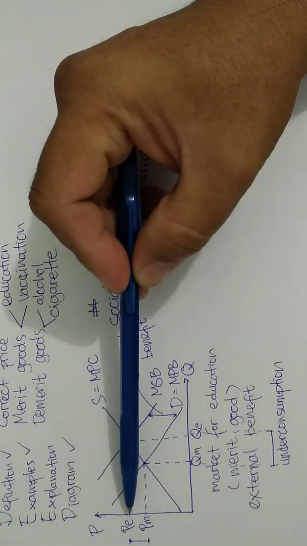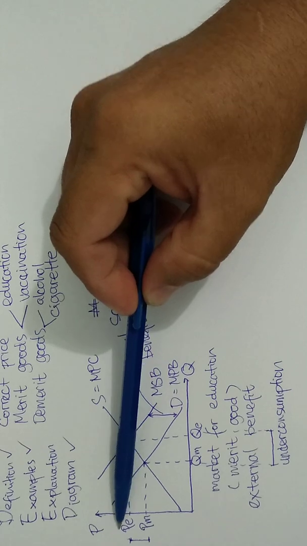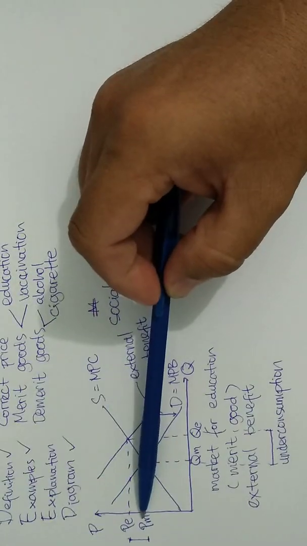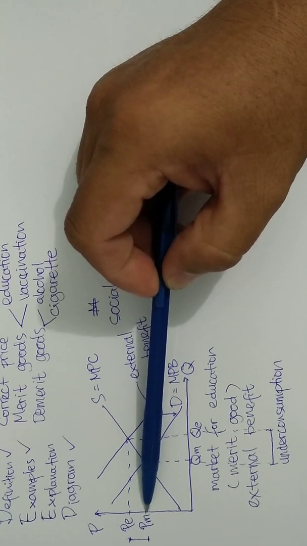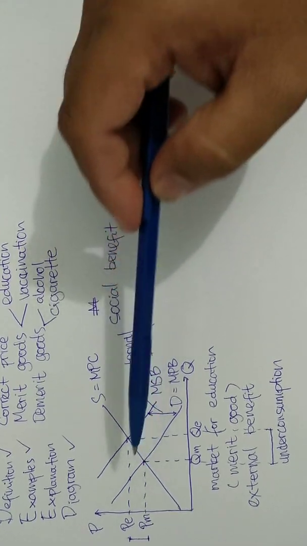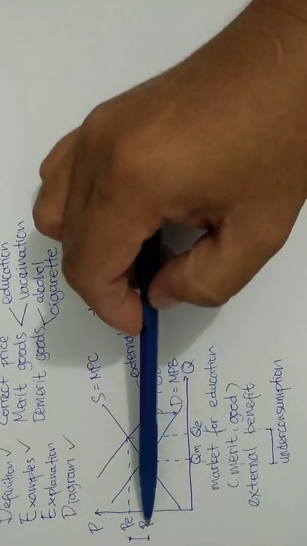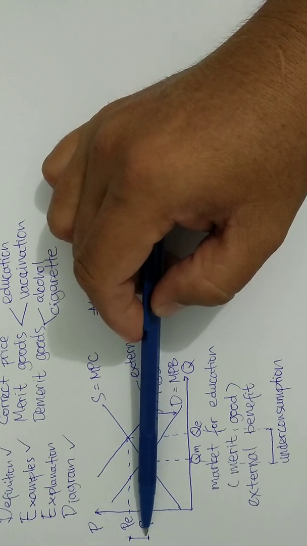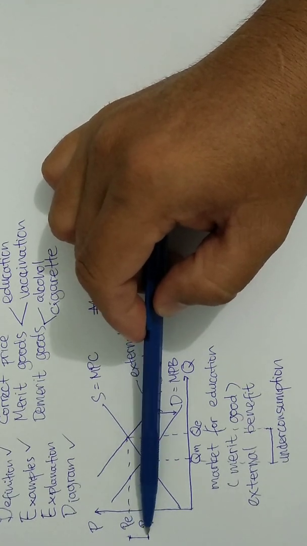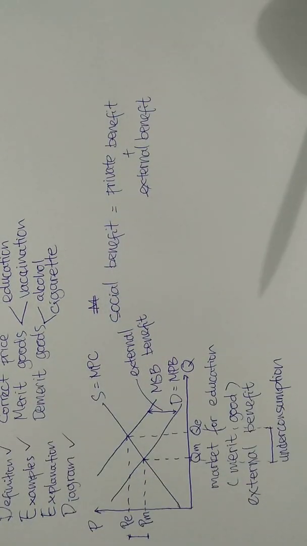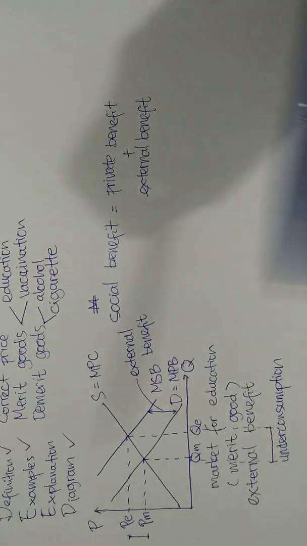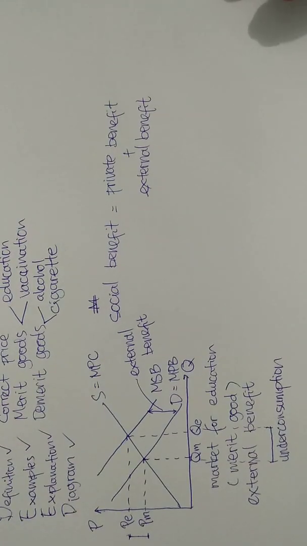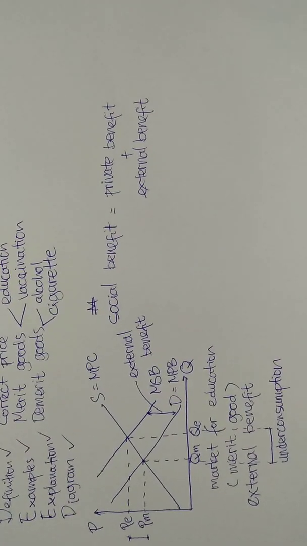So the price efficient for efficient resource allocation is supposed to be at PE. Unfortunately, the market decides that the willingness and ability to pay for this level of quantity is at PM. This is what we call incorrect price. Okay? So that is the case with merit good, and that's how you explain merit goods. Okay? All right.